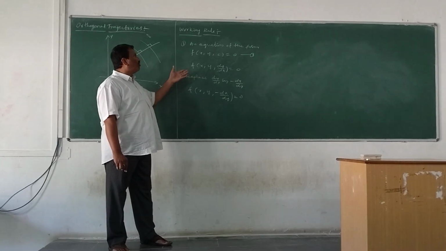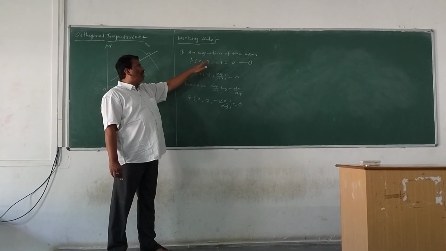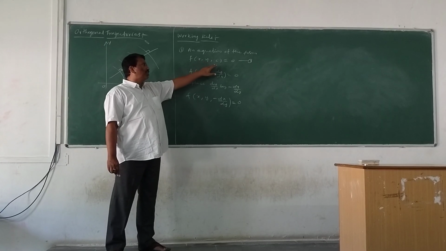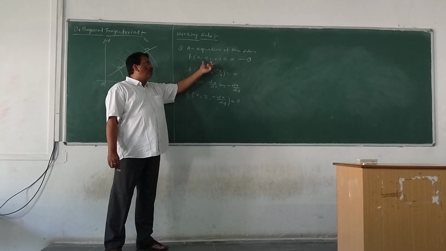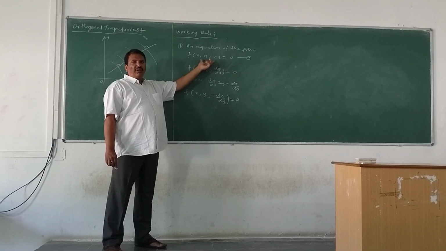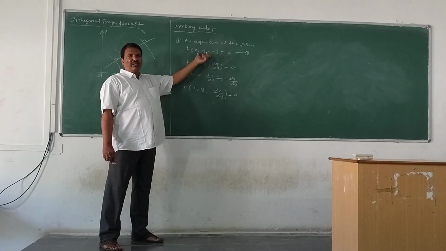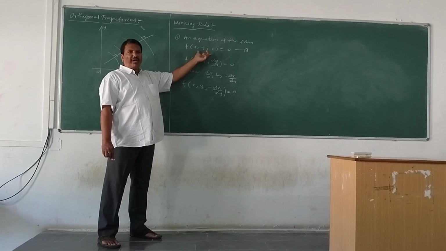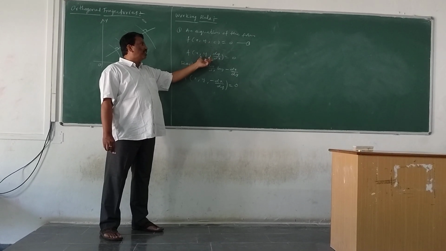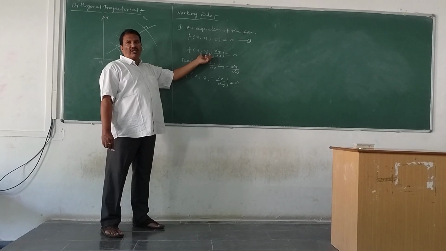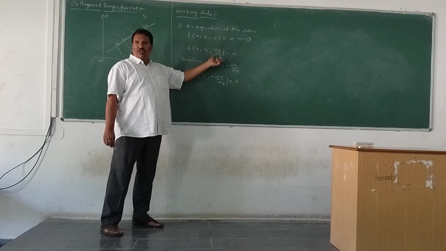Once again, listen here, all of you. An equation of the form f of x comma y comma c equals 0. We have to eliminate the constant. For that purpose, we differentiate the given function. Then equation 1 becomes f of x comma y comma dy by dx equals 0.